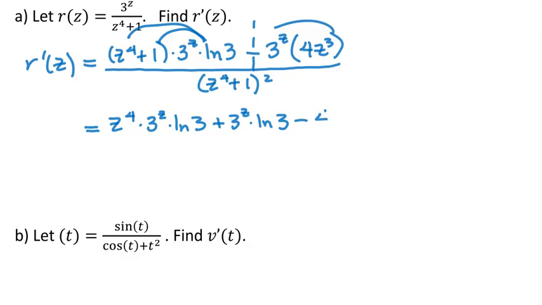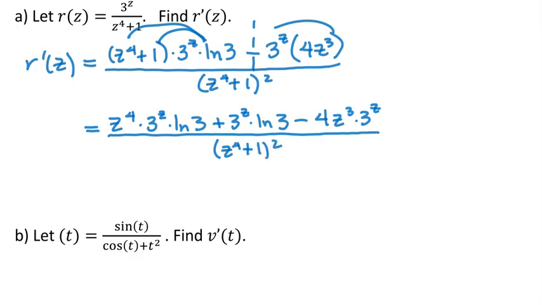I think I'm going to put the constant, the 4, out in front, and then z cubed times 3 to the z. But you definitely have other choices for order. And then z to the fourth plus 1 squared, and I think that's about as far as I'm getting with this one. So that's just fine, but do always check it.